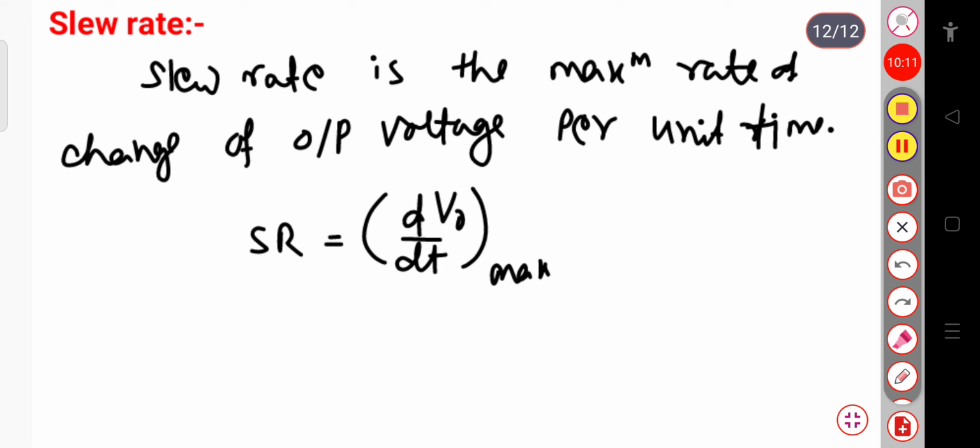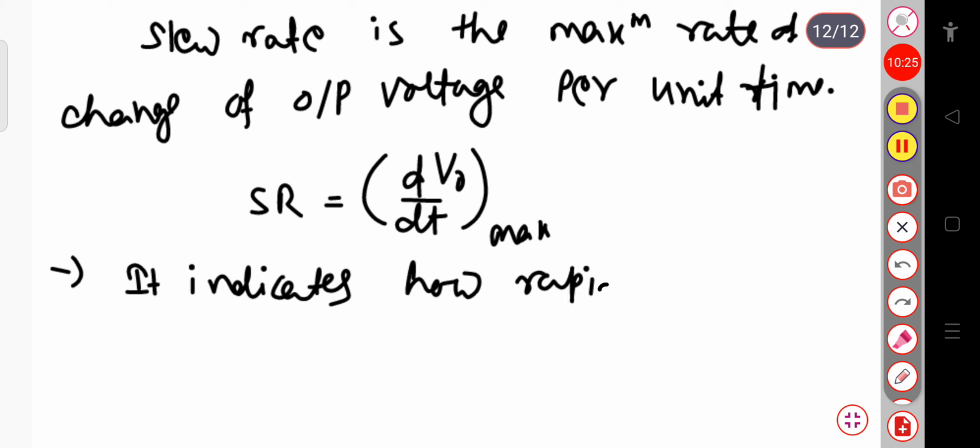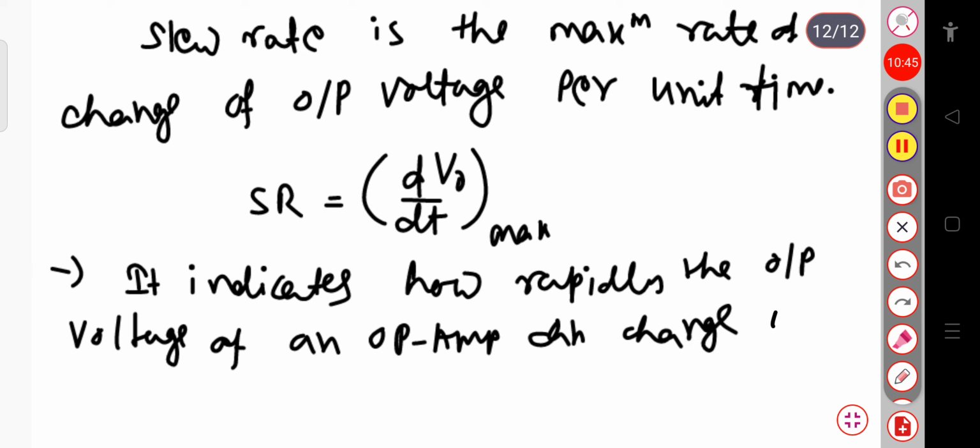So this slew rate indicates how rapidly the output voltage of an op amp can change with the change of input frequency.